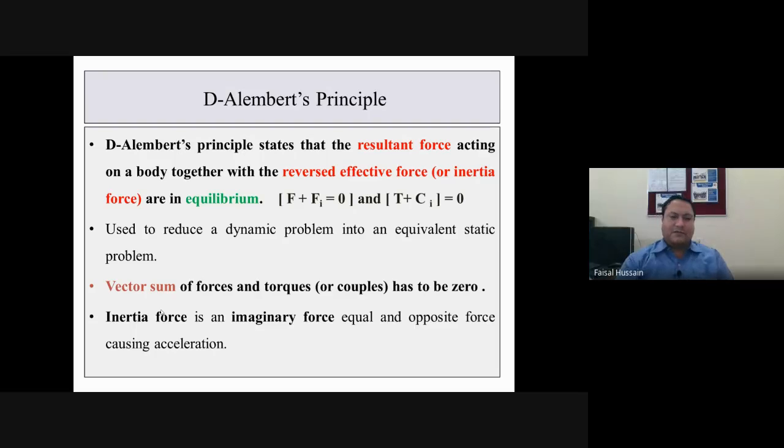For example, if in a body there are two forces, one is your acceleration force F and another one is your inertia force Fi, then the summation of F and Fi will be equal to 0. Similarly, if we deal with the torque, the summation will be T plus Ci equal to 0.